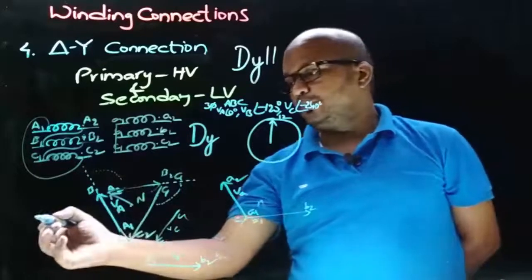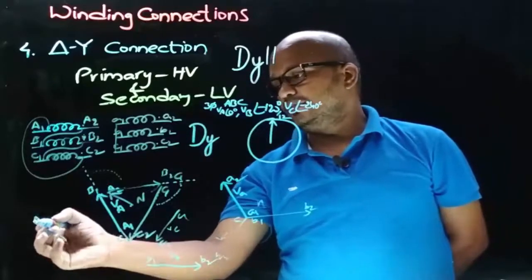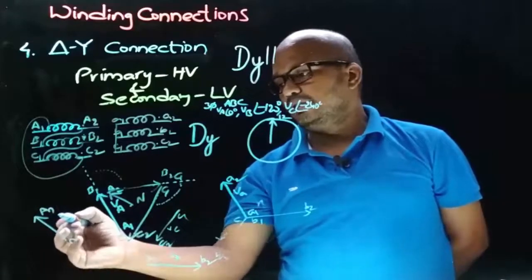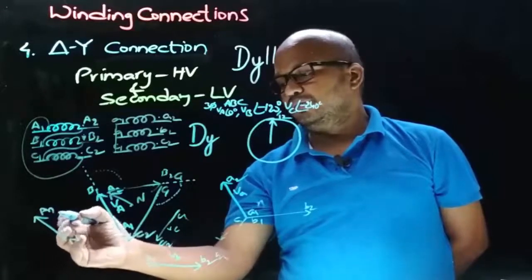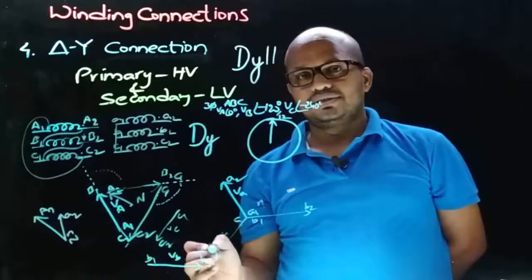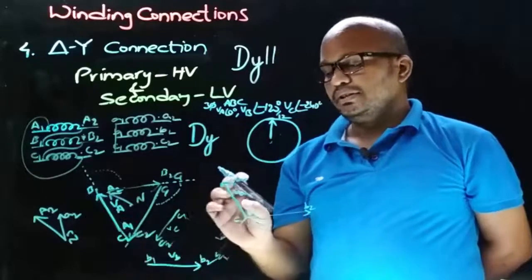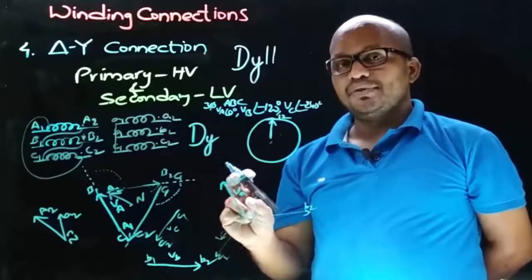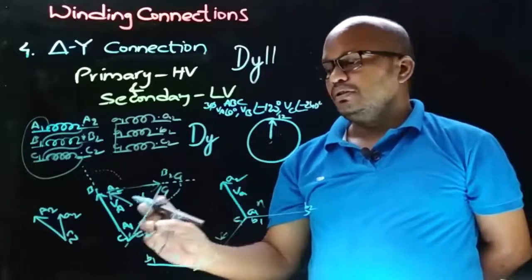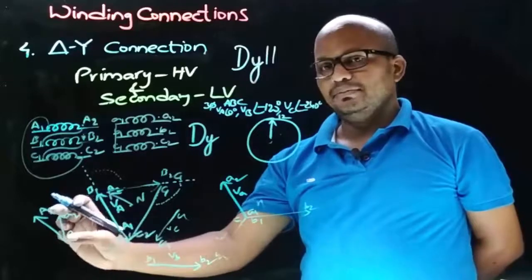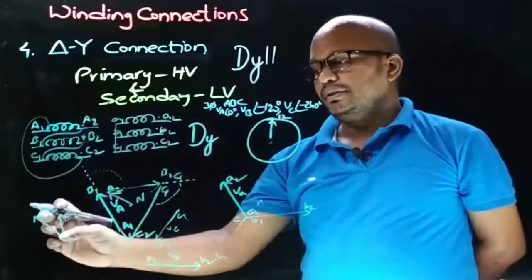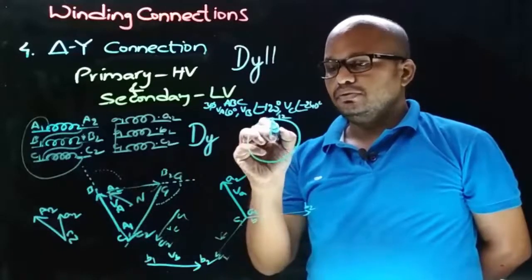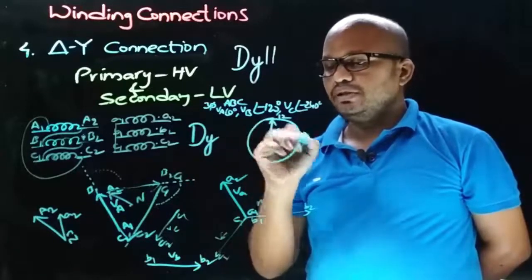If you superimpose, then the HV winding phase to neutral voltage and LV winding phase to neutral voltage will look like this. And it is also studied that the LV winding phase to neutral voltage is represented by the hour needle in the clock. Okay, so now if you place this diagram in the clock such that the HV winding phase to neutral voltage points towards 12, then the diagram will look like this.